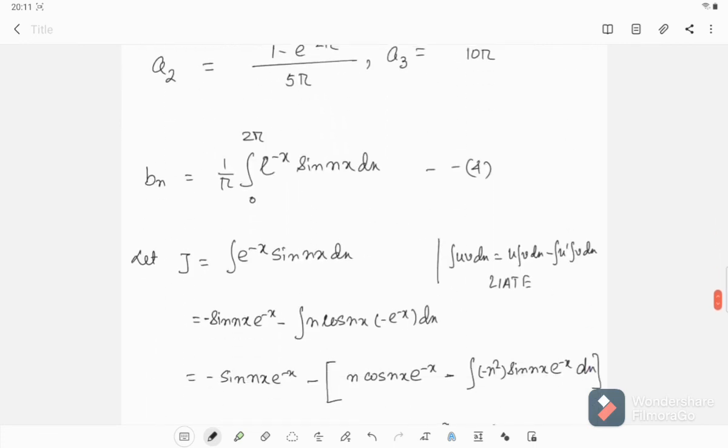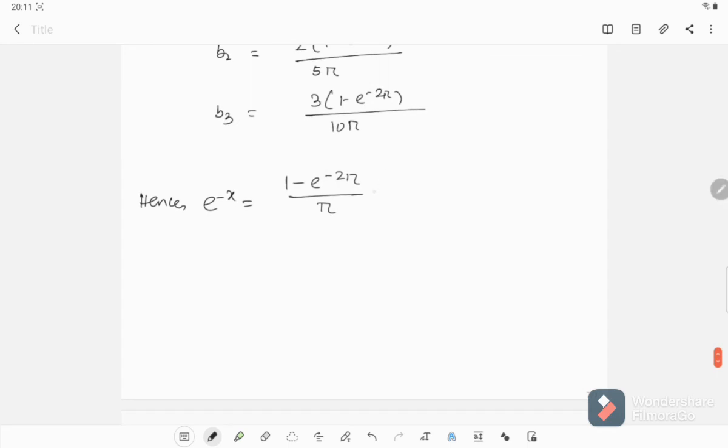So let's write it: plus of a0 by 2, and now the cos terms: half of cos x, plus 1 by 5 cos of 2x, taking it common, plus I remember 1 by 10 cos of 3x, plus dots and so on.